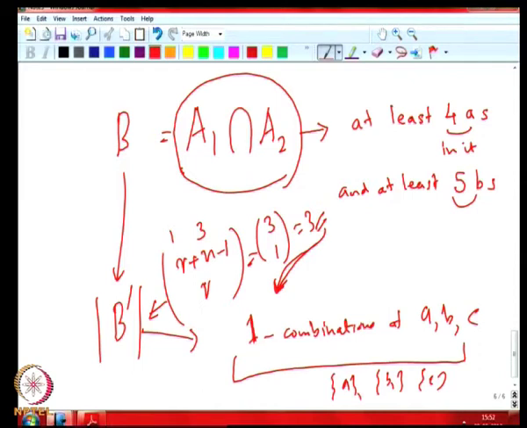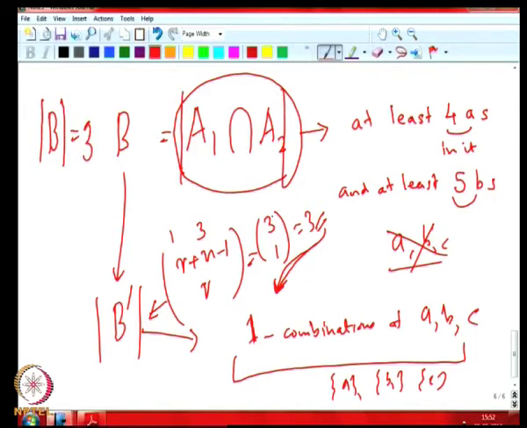The last thing only we had the freedom to select, so we can select either A or B or C. There were 3 ways to do it. Therefore, it was not difficult to infer that this cardinality is 3.